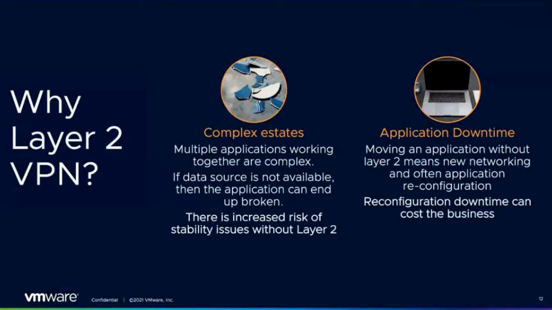So this adds the need of having something that would enable partial migration and doing it in chunks or something like that. And with the layer 2 VPN, the VMs continue to operate using their original network settings. And the application continues to function even if part of it is already in the cloud and the other part is still on premises.